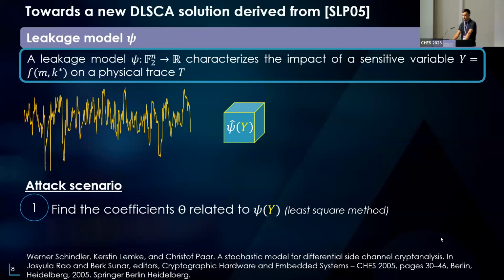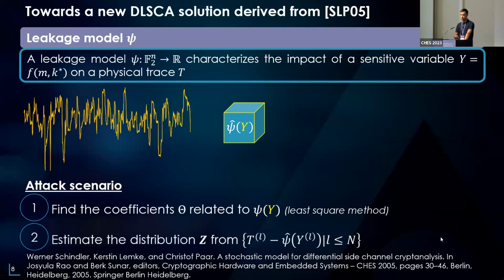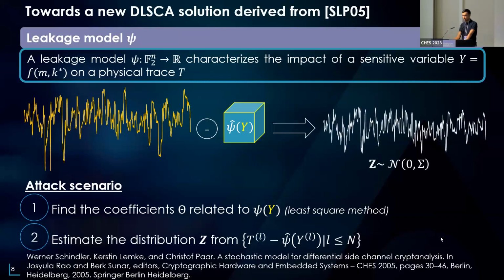Once the theta coefficients are correctly retrieved, we can subtract the leakage model from the physical trace in order to obtain an estimation of the physical noise. And thanks to a huge amount of physical traces, we can approximate the covariance matrix and then conduct the inference stage that is needed to retrieve the information related to the targeted variable.